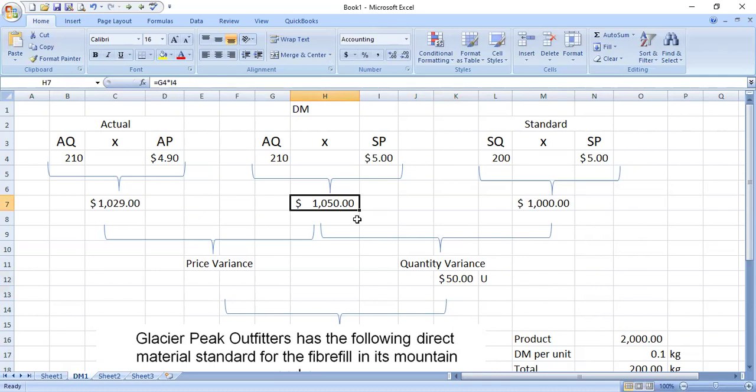Now, if I use 210 kilograms, based on the standard price, I'm supposed to spend $1,050. Now, in reality, I'm spending $1,029.